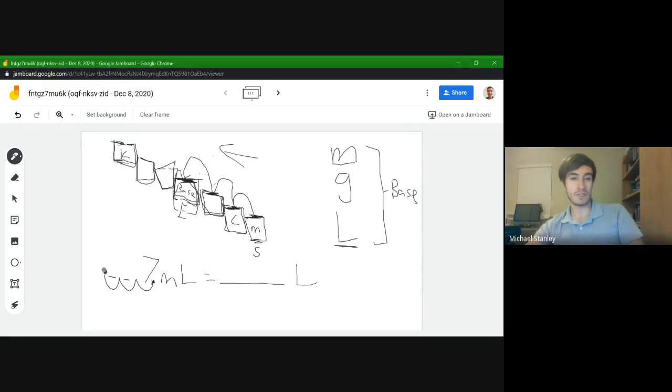So if our decimal point is over here now, and we're going to fill in these blank spaces with zeros, then what is our new liter measurement?